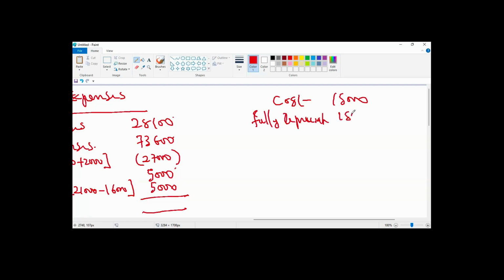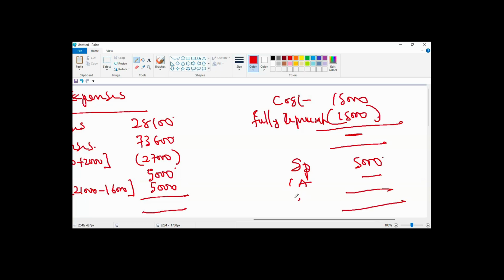That means they've used it up, and the scrap value is zero. But they sell it, with a selling price of 5,000. That's a profit, since the carrying amount is zero. How do we know it's a profit or loss? It depends on the selling price and the carrying amount.